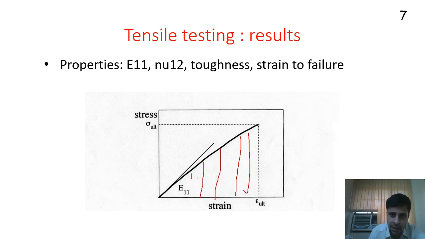So there are at least 4 or 5 different properties which you can calculate. If you have more than one strain gauge, or if you're using digital image correlation, you can also calculate the Poisson's ratio. Basically, you need to somehow measure the deformation in the other direction. If loading is in one, you need deformation in the two direction, and you should be able to know also the Poisson's ratio. So one test, multiple results.